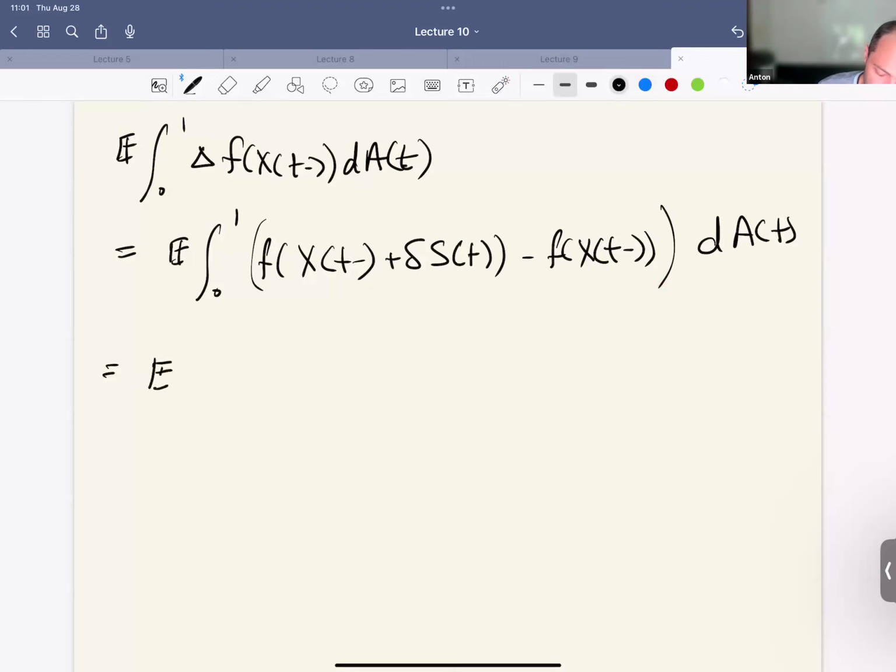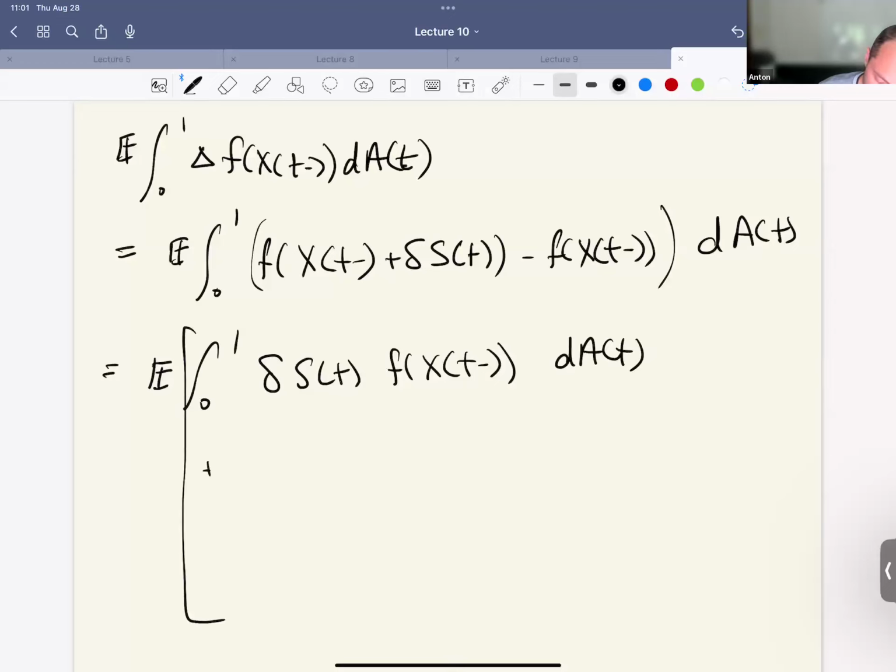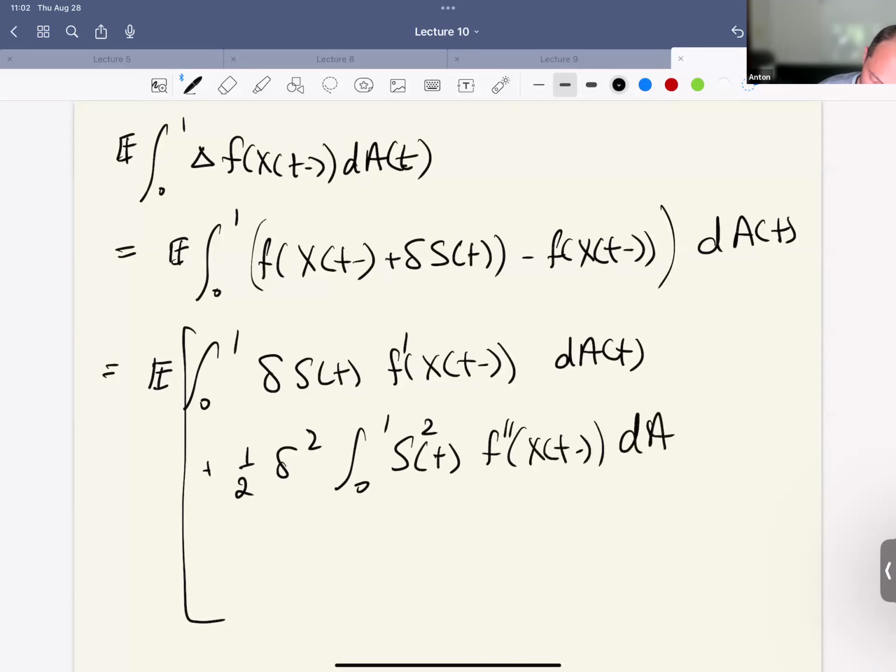And this is going to be expectation, integral 0 to 1. So I've got delta s of t, f prime of x of t minus dA of t, plus 1/2 delta squared s of t squared, f double prime x of t minus dA of t, plus 1/6 delta cubed s cubed of t, and this is f triple prime at some c.